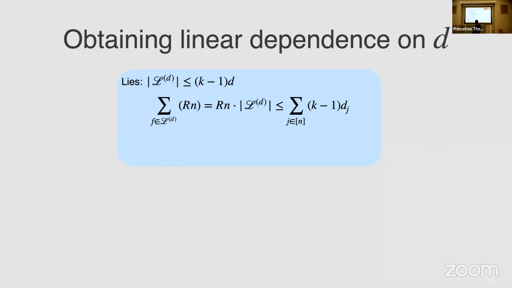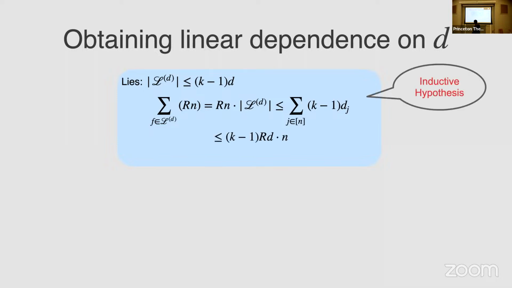So the total amount of agreement, if we sum over all list codewords, is going to be at least Rn times the size of the list. From the other side, we can use the induction hypothesis: that the jth guy is going to be in at most (k minus 1)^{d_j} places, where d_j is the new rank, or the new dimension, that we get.